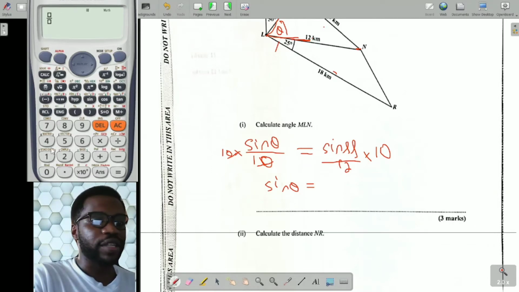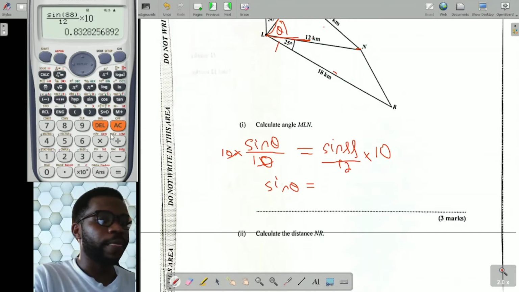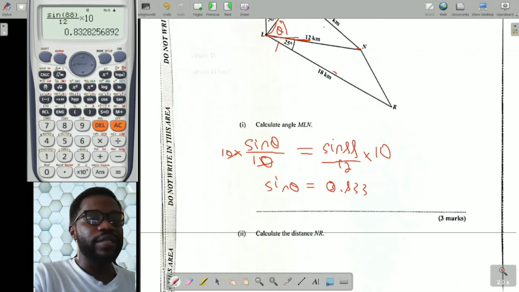I'm going to have my fraction bar, and I'm going to say sine, the bracket is open, so I'm going to close it, 88 all over 12. I go to the side and multiply by 10, equal. I have 0.833.